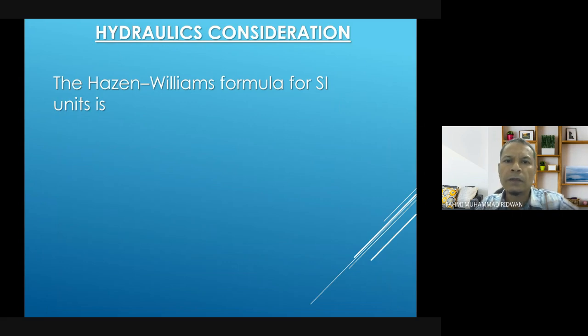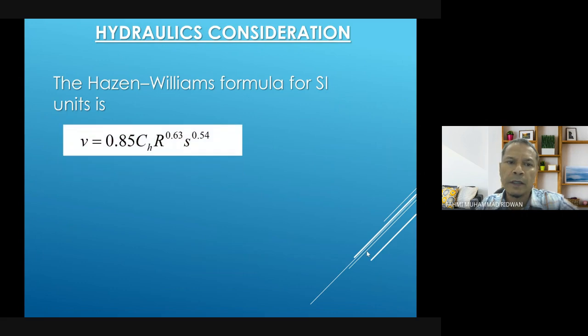Similarly in the SI unit, the coefficient is different because the unit used here is different.